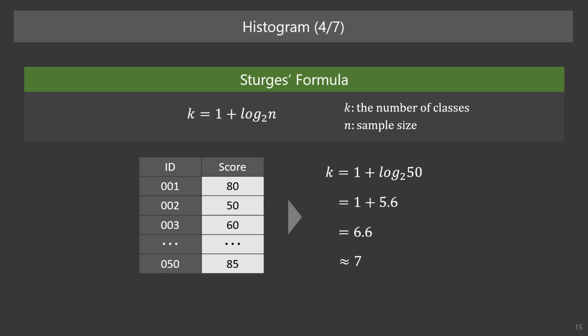In the previous histogram, we set the class width to 20 and so the number of bins is 5. It is fewer than the value suggested by Sturges' formula. But in this case, setting 5 bins is reasonable because the class width of 20 is a good cutoff and easy to see the distribution of students' scores.